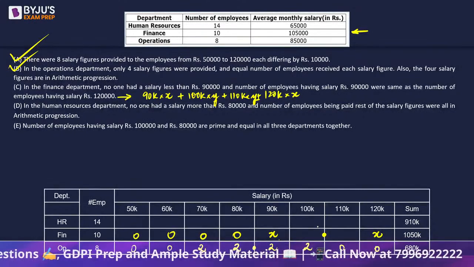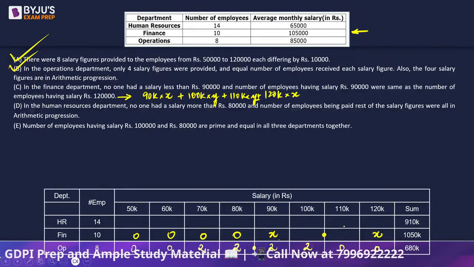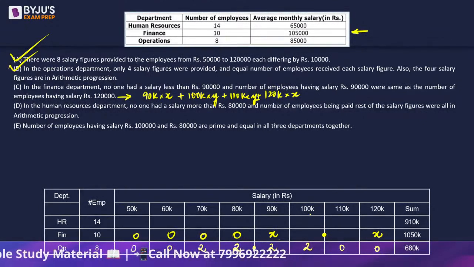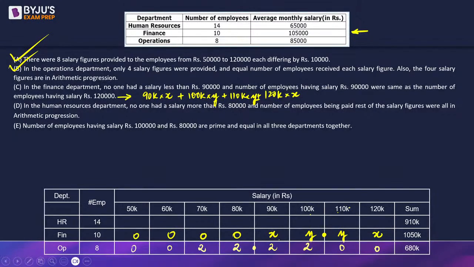But we can't simply say that 100 and 110 don't exist. If I want the average to be 105, the average of 100 and 110 is also 105. So the number of employees who get 100,000 is the same as the number who get 110,000, such that this average is 105 and that average is 105, so the overall average is 105.